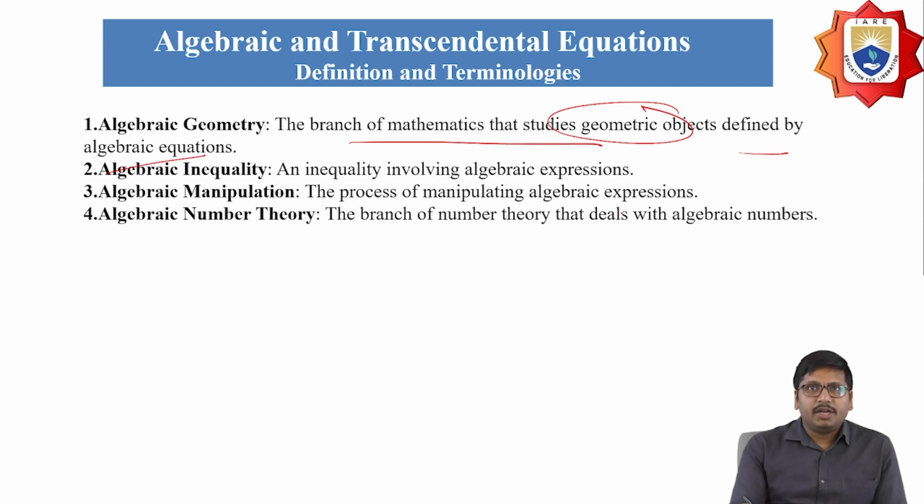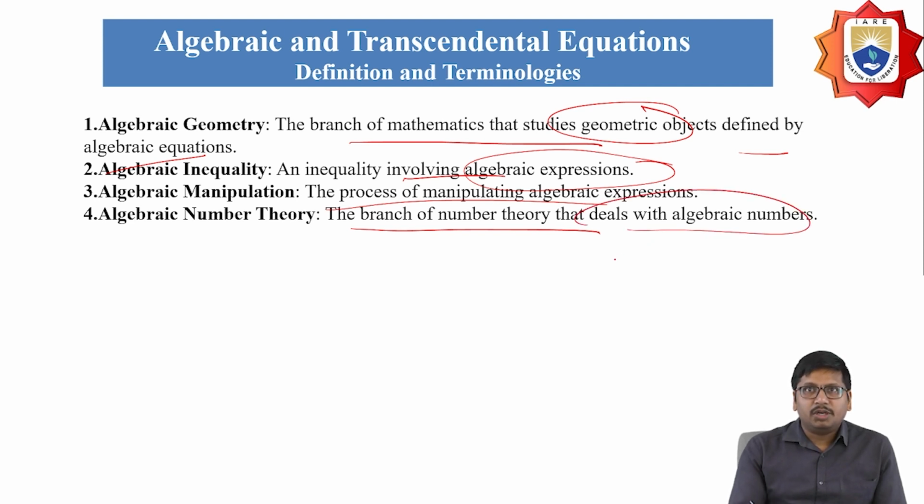An algebraic inequality is an inequality involving algebraic expressions. Algebraic manipulation means the process of manipulating algebraic expressions. Algebraic number theory is a branch of number theory that deals with algebraic numbers.